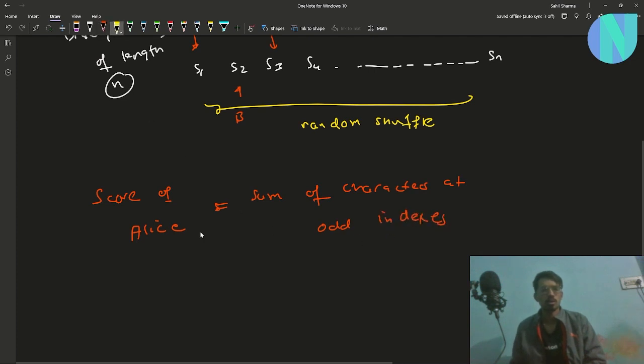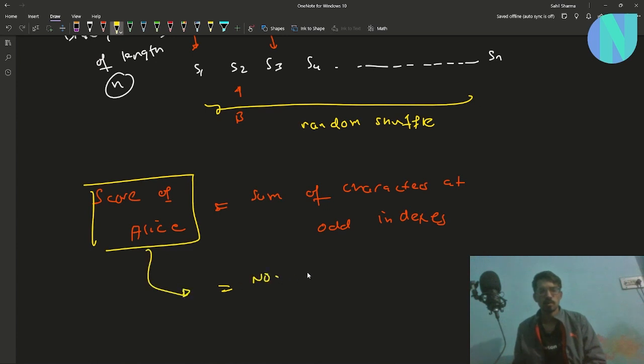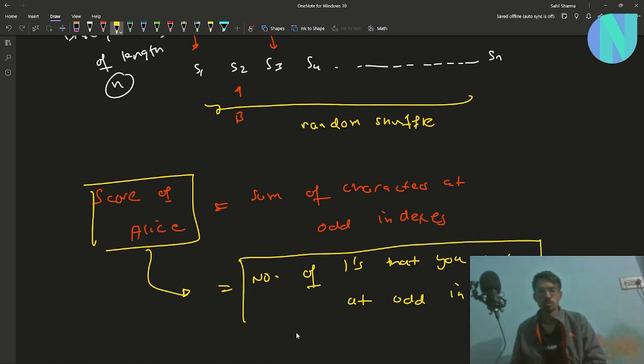Or even better, you can say that the score of Alice is just the number of ones that you get at odd indexes, right? So that is how you can define your score.